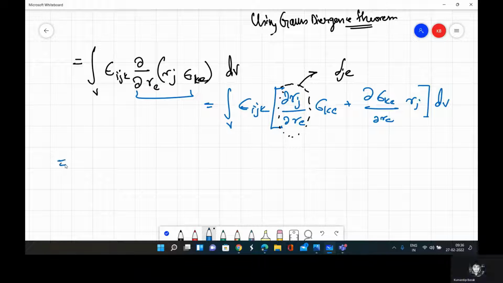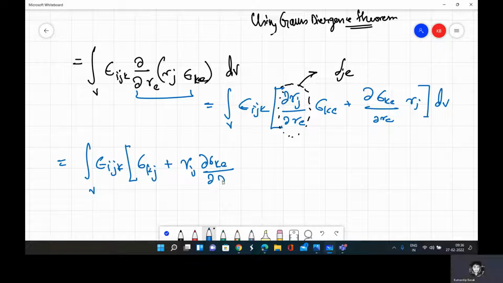So I'm writing here the volume integral of epsilon ijk. When we take delta_je into sigma_ke, as e is the repeated index, this simplifies to simply sigma_kj. This is just index notation. Plus sigma_ke divided by r_e, integrated over dV.